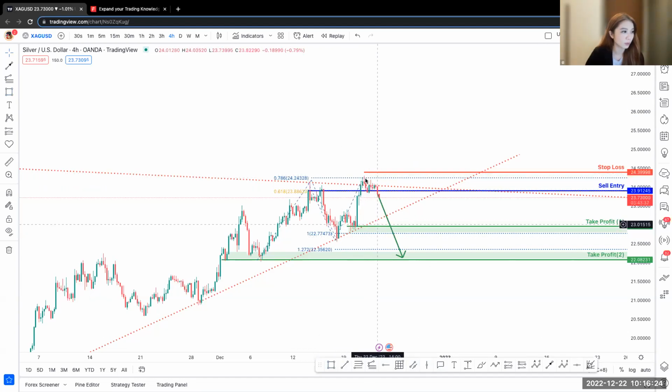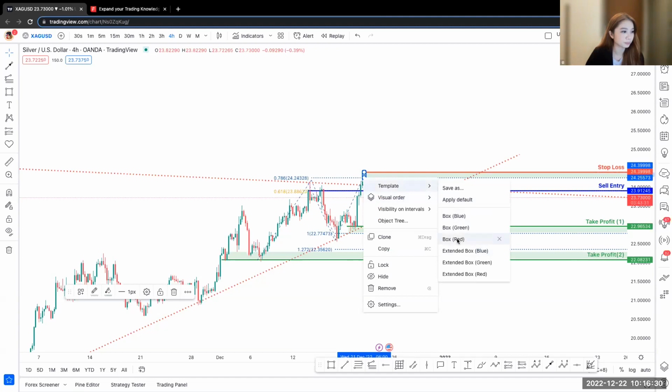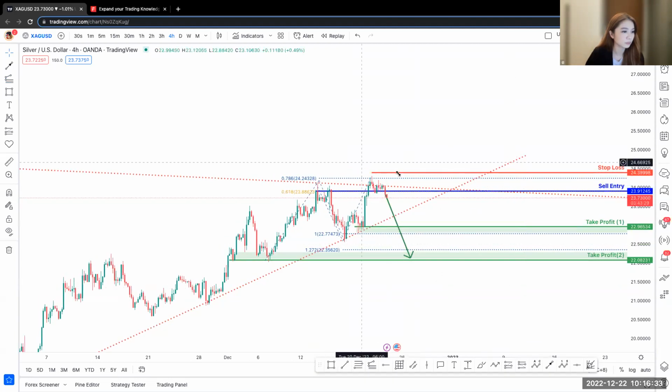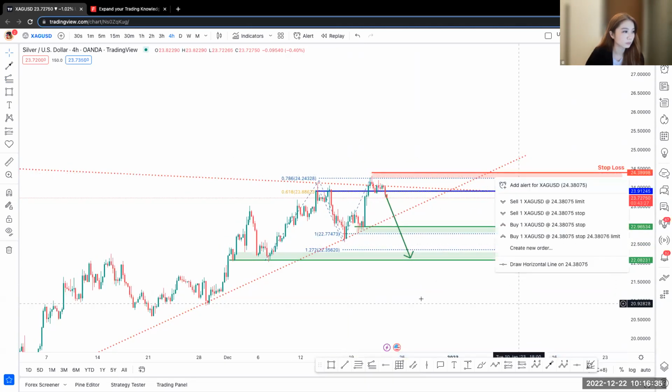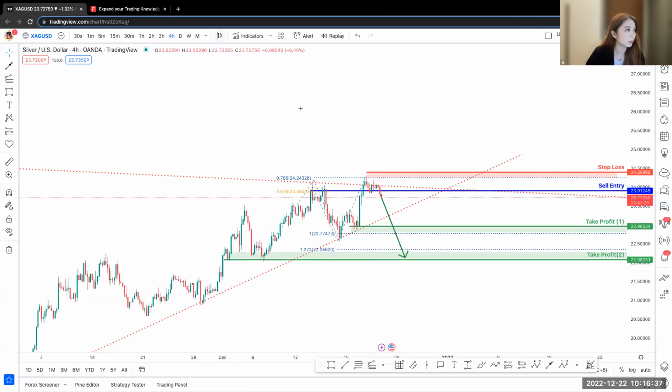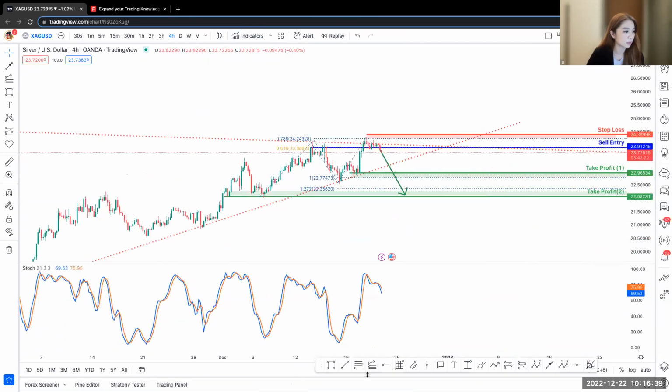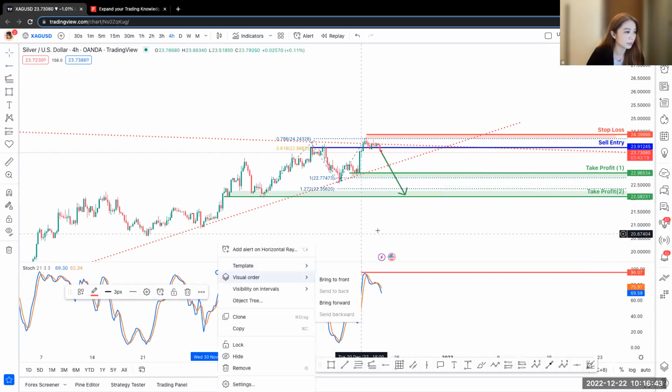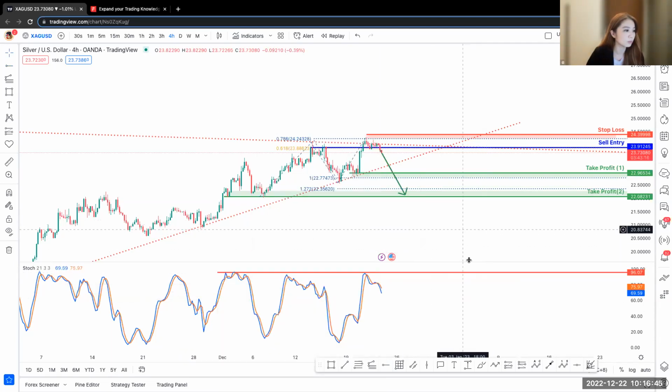However, we will give our analysis a bit more breathing space. We are also looking at stochastics. We are seeing a drop already, it has already reacted to the resistance.